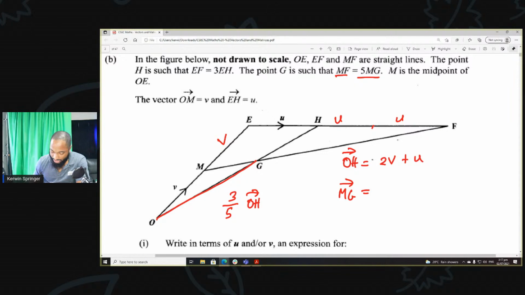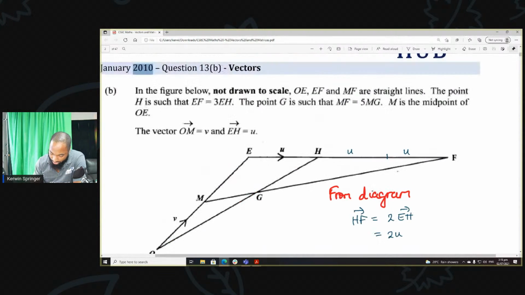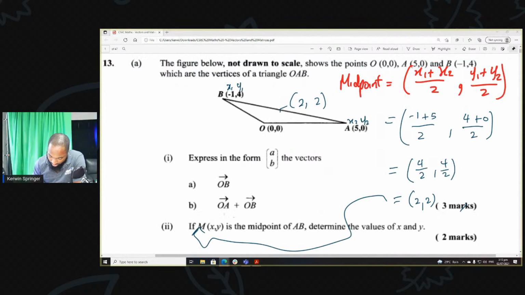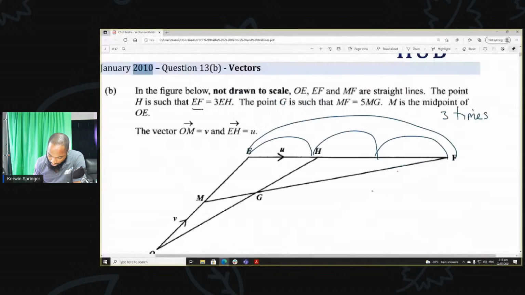Tell me if that is making sense so far. MG is 1/5 of MF. They said that. And we know that MF, did we do MF already? I feel like we did MF already.